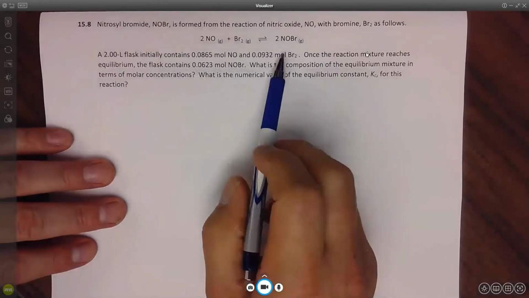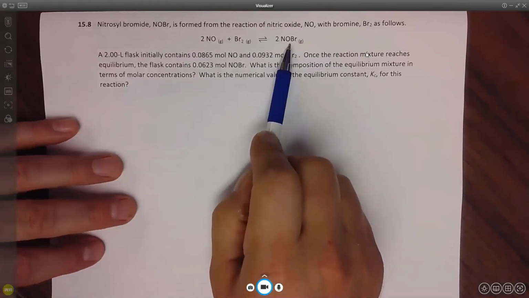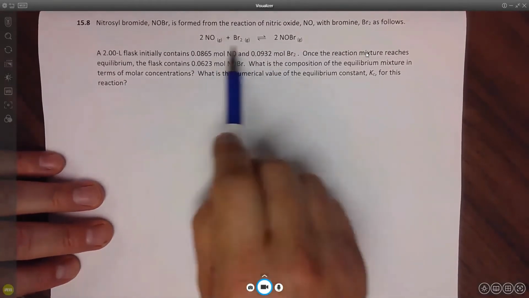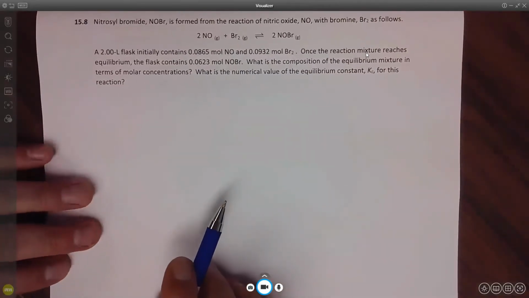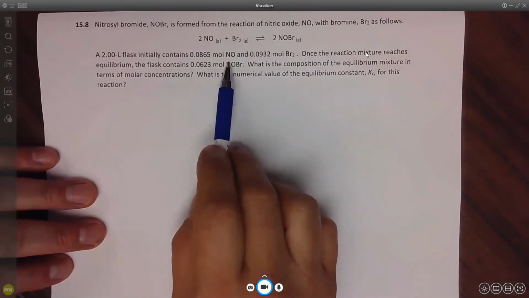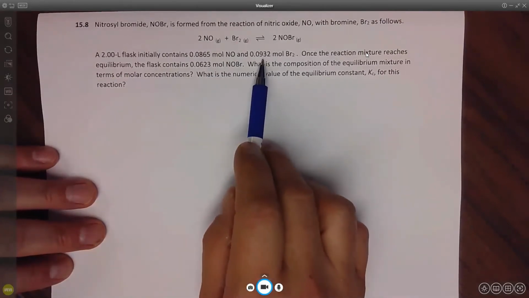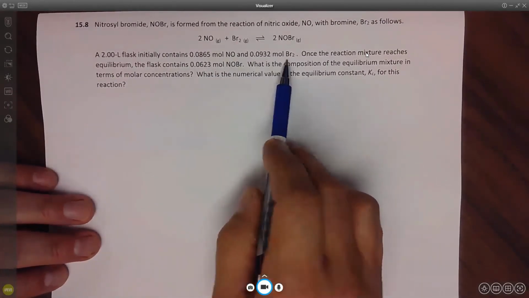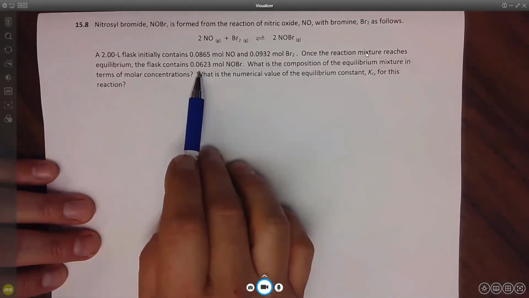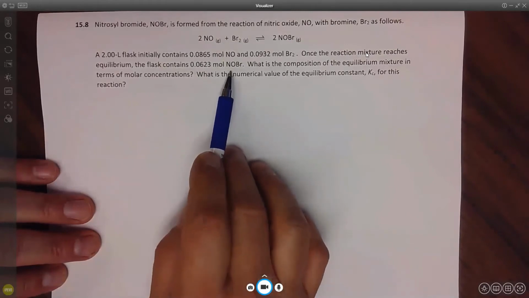This says nitrosyl bromide is formed from the reaction of nitric oxide and bromine in the following reaction. It says a 2-liter flask contains 0.0865 moles of NO and 0.0632 moles of Br2. Once the reaction reaches equilibrium, the flask contains 0.0623 moles of nitrosyl bromide.